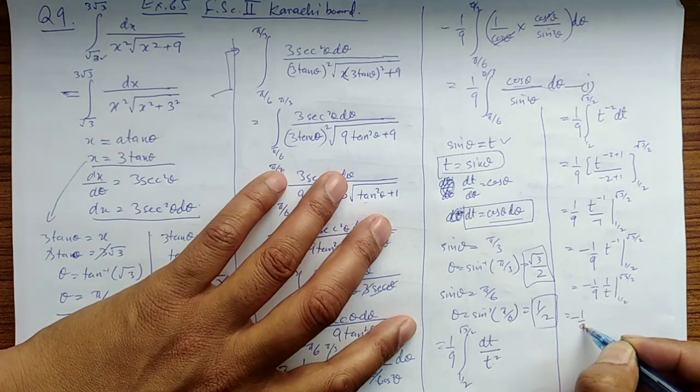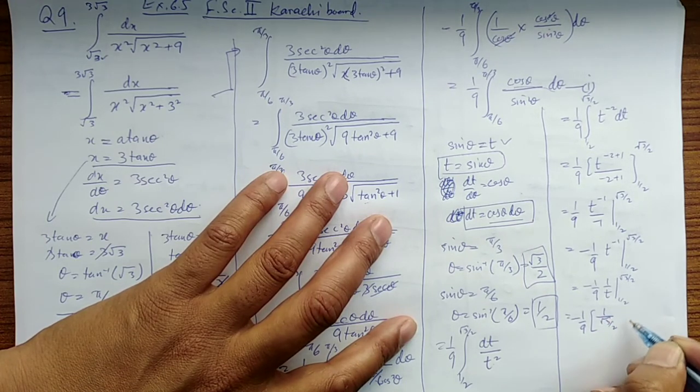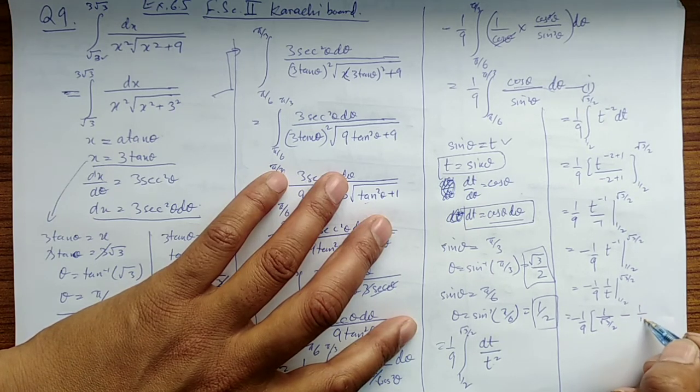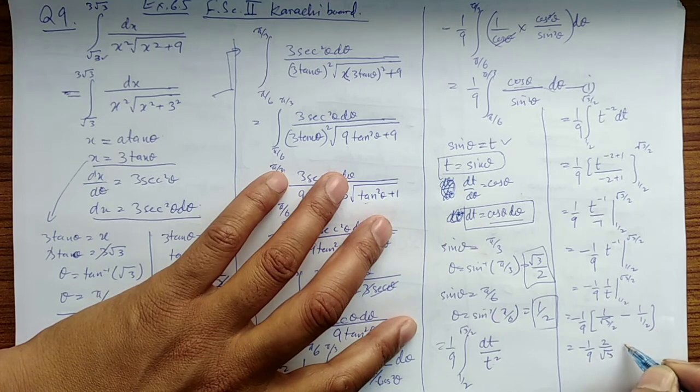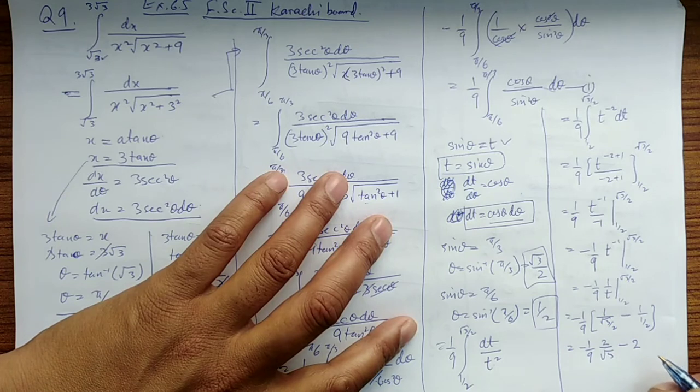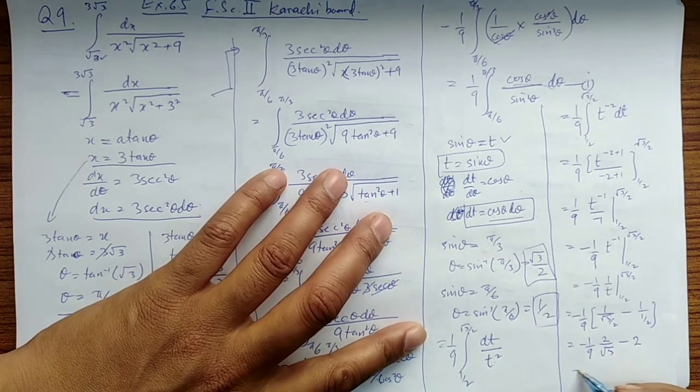Keep this minus 1 upon 9 outside, and in place of t write root 3 upon 2, minus 1 upon 1 upon 2, and rearranging, 1 upon 9 times 2 upon root 3 minus 2. So we can consider this as our answer, or you can take this 2 as a common factor outside.